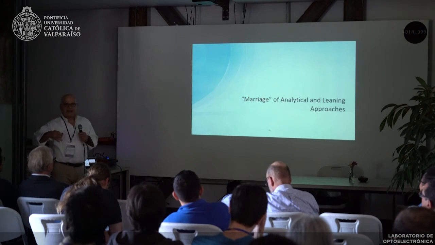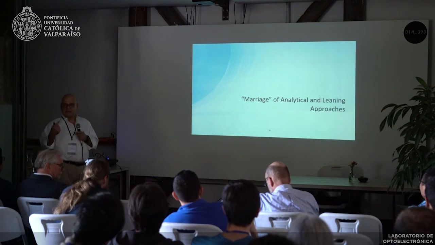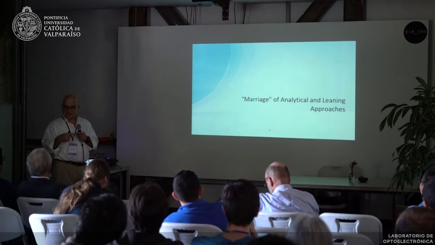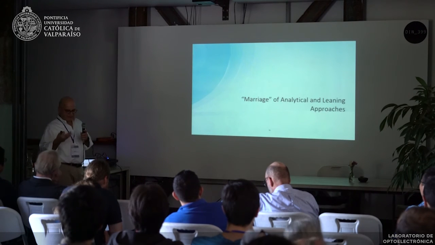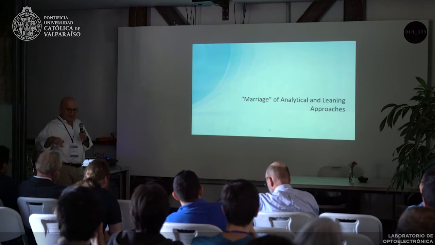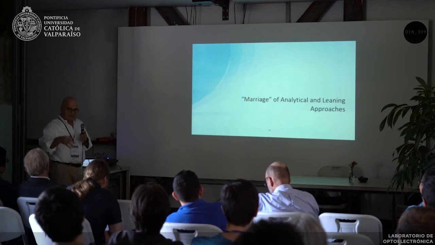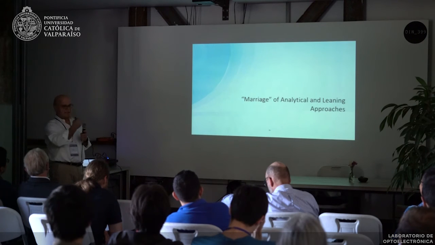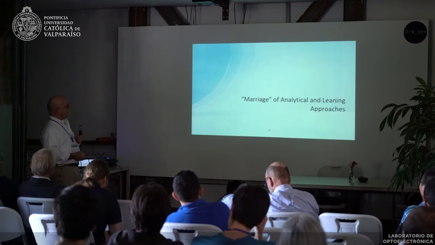Different ways to combine analytical and learning techniques. And one of them was through GANs that I showed above. I don't know if it registered to everybody, but the use of the adversarial network allows me to bring in prior information about the distribution of the images that I try to super resolve in this case, or invert in general.